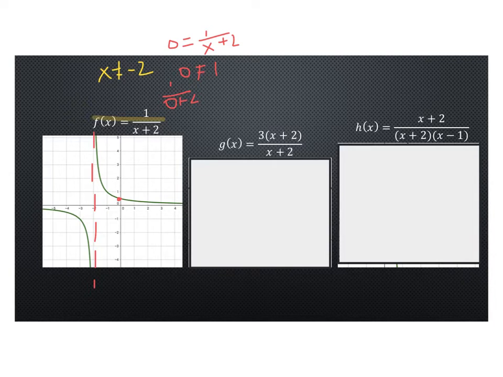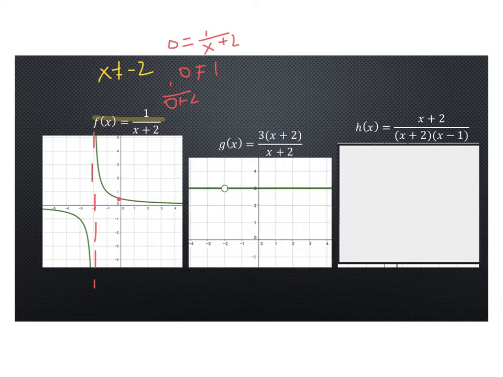If we go to the middle picture, notice the graph looks different. Well, what do we notice happens in the function g of x? Looks like the x plus 2's are going to cancel out, and all we have is y equals 3. But remember, our domain, x cannot be -2. So this open dot in our graph is what we call a hole.